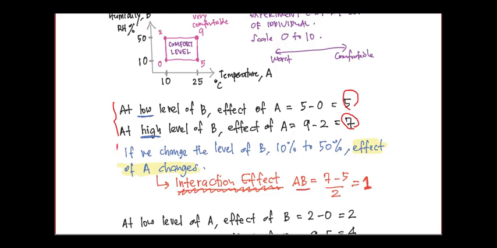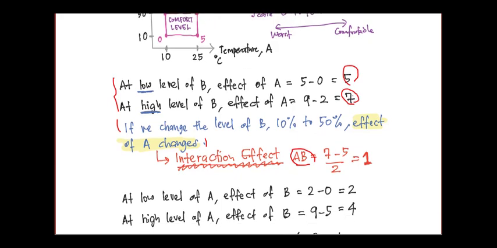This is the explanation of AB, the interaction effect of A and B. In other words, if we change the level of B from 10 to 50%, then the effect of A will be like this: 7 minus 5, high and low, the average value of the comfort level for different temperature at different level of the relative humidity.